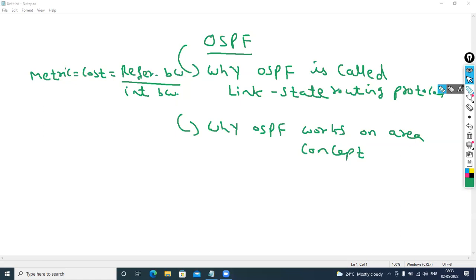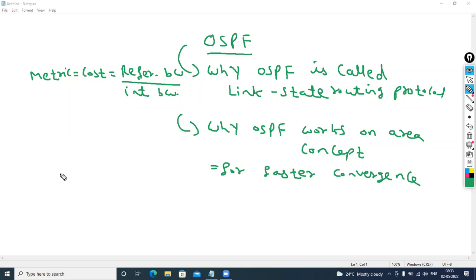Good. Why OSPF works on the area concept is for faster convergence, because it is very easy to calculate the best path within the area.